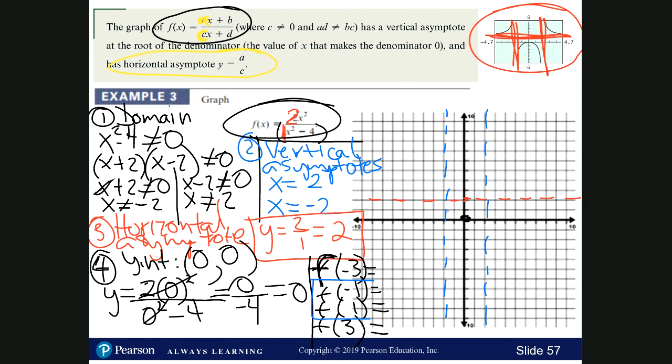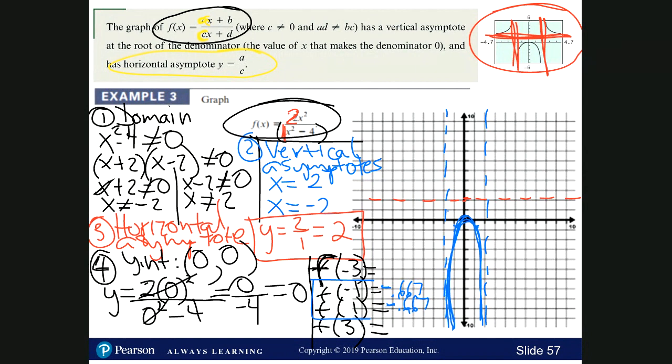And they were the following: -0.667. And also for x equals +1, the answer was -0.667, which happens to be -2/3. So that point will be here and here. So that's how the graph will look, kind of like a parabola, without touching the vertical asymptotes.